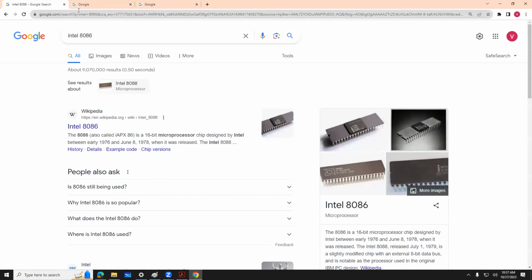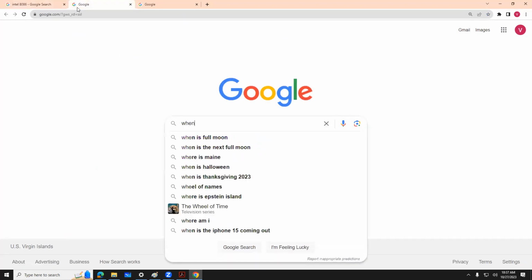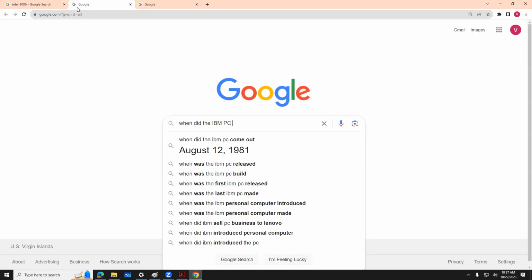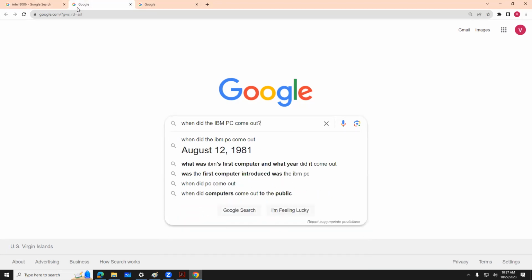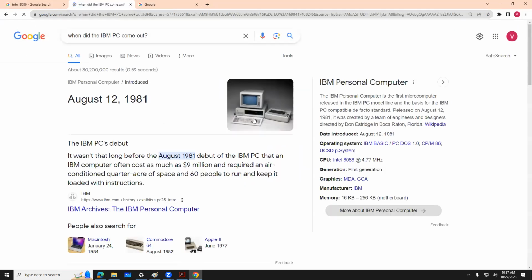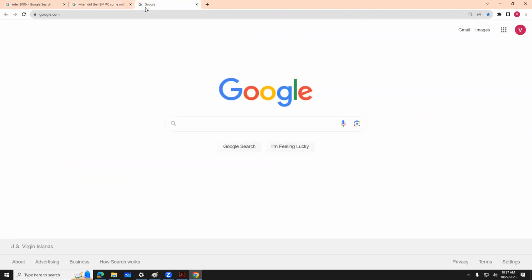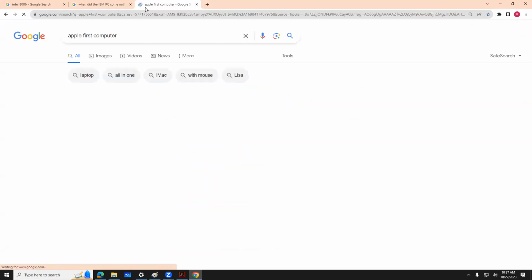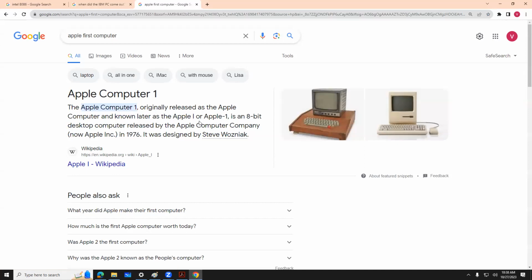And when did the IBM PC actually come out? Okay. If it's IBM compatible, does IBM have any rivals? Does anybody else make computers? The first computer was known as the Apple I, but then they came out with the Apple IIe.